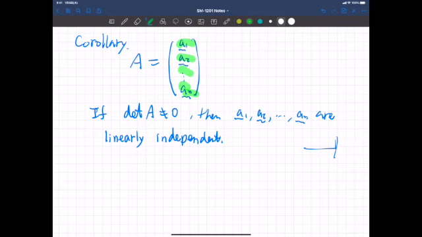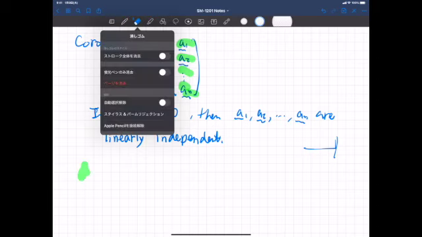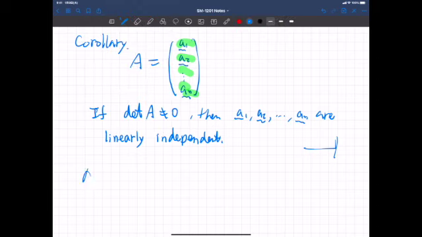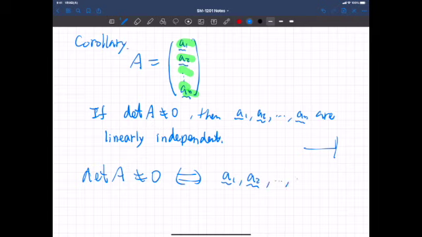So after all, we have this: the determinant of A is not equal to 0 if and only if those row vectors, well, it's also the case for column vectors too, are linearly independent.